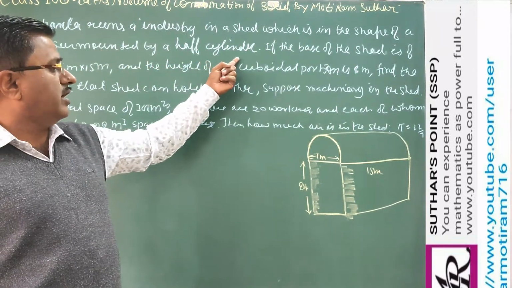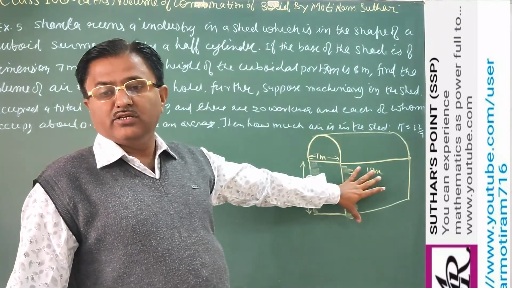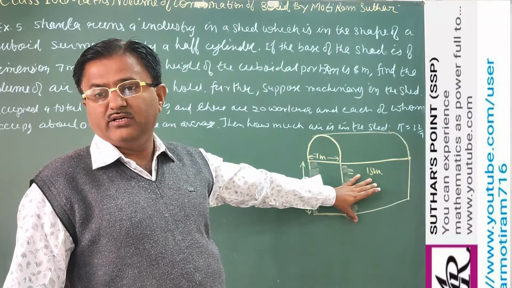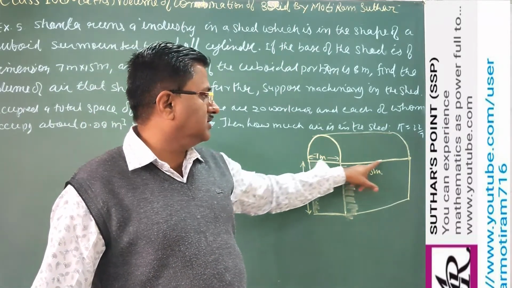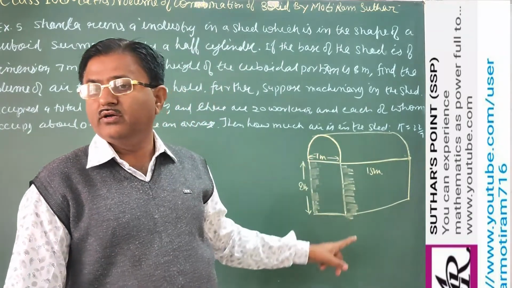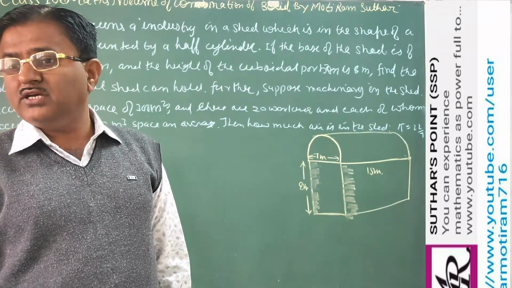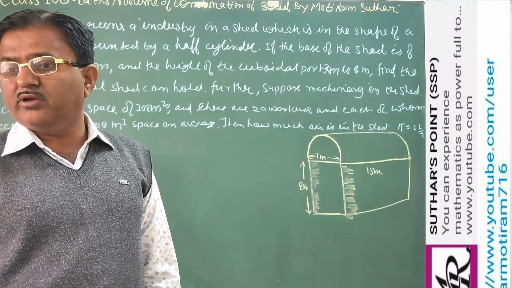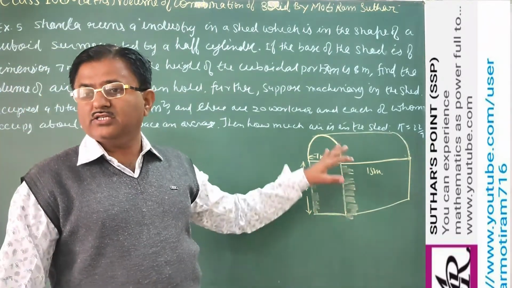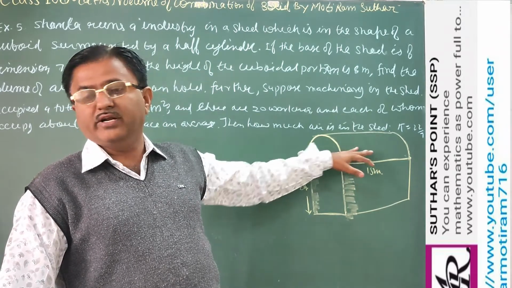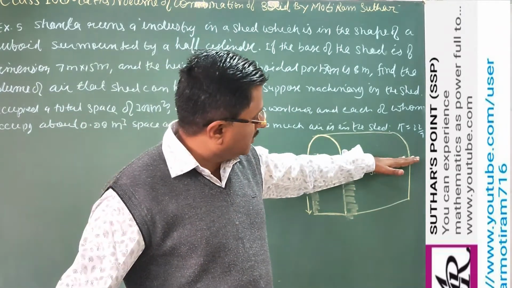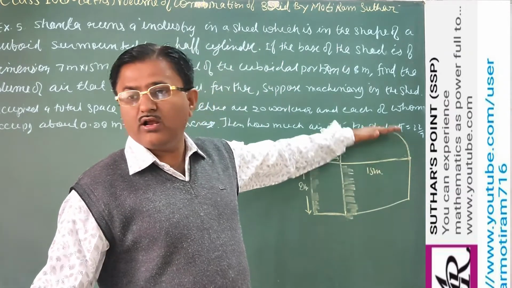You can see this figure. This is the industry shed. So the base is in the form of a cuboid, and it is surmounted by a semi-cylinder or half cylinder. The half cylinder will be above it, on the top.